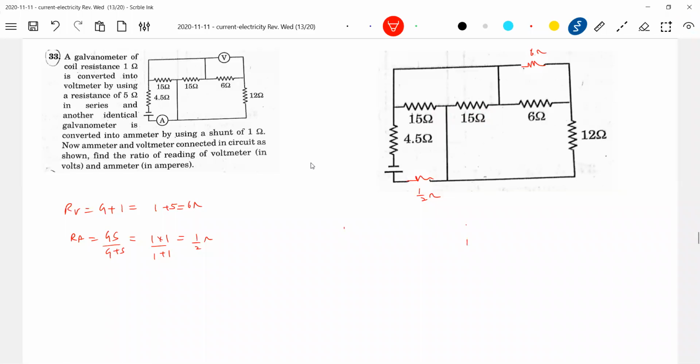Just making some observation. No, this is 0.5 ohm.